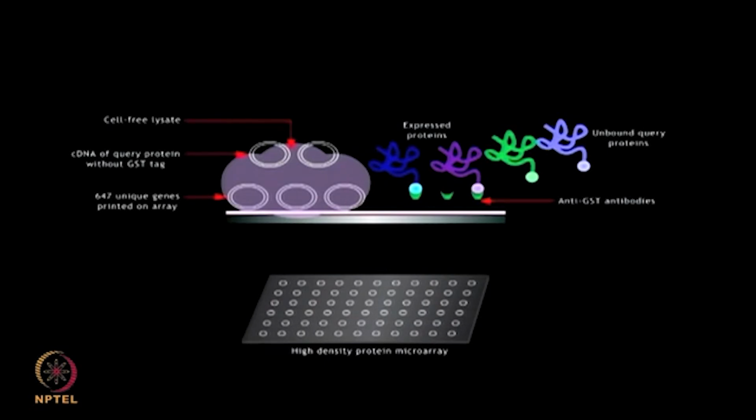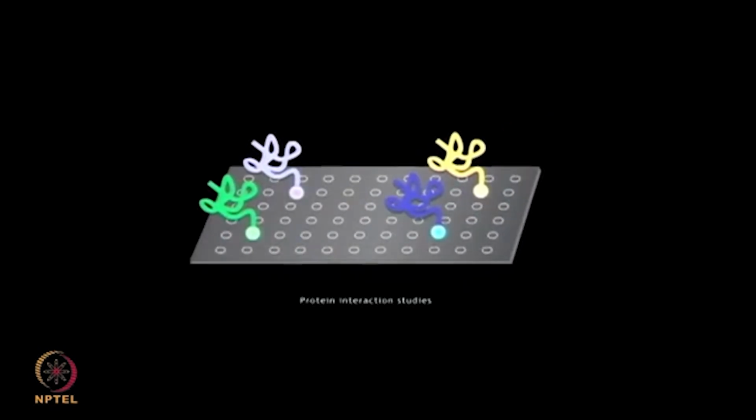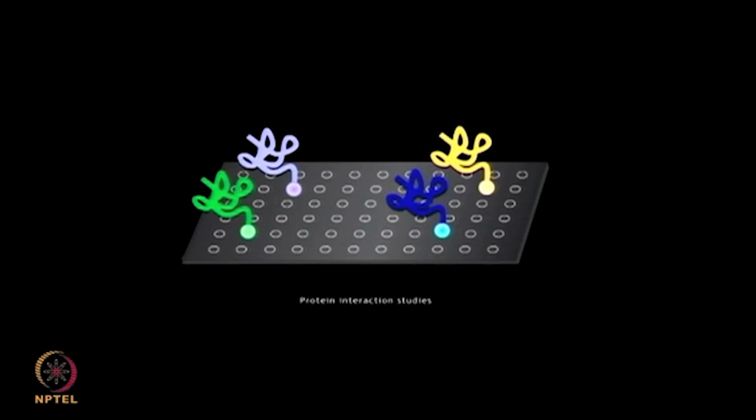After addition of the cell-free expression based system, proteins containing GST tag were synthesized and bound onto the capture antibody. cDNA of the query protein was also added to the same mixture, such that the query was co-expressed, but remained unbound due to the lack of a tag capturing agent.